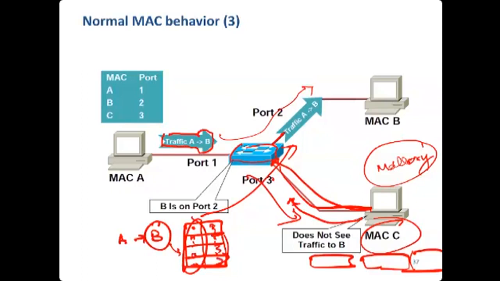Okay, now the MAC table is full. What will happen next? When the MAC table is full and A sends a frame to B, the switch does not have any entry available. It will search, it will not find a MAC address corresponding to B, and it will flood.